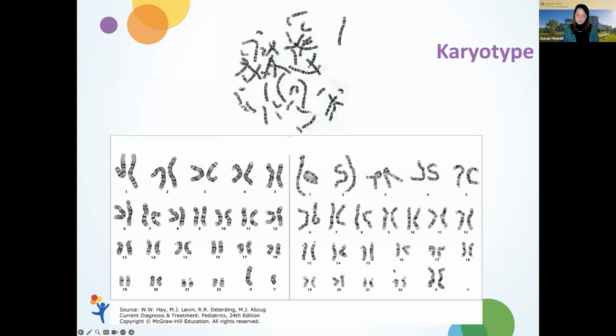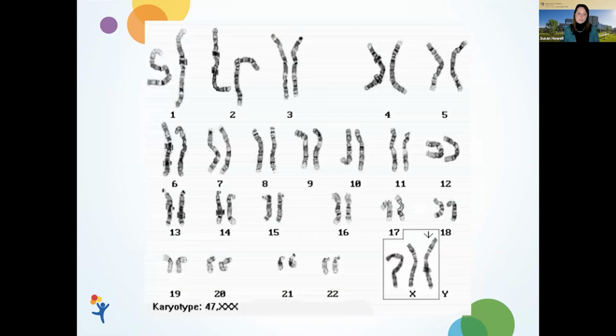But the diagnosis of trisomy X occurs when, instead of just 2 X chromosomes, we see an additional X chromosome. So instead of 46, the karyotype is labeled 47, representing that there's an additional chromosome and that it's an X chromosome in origin.